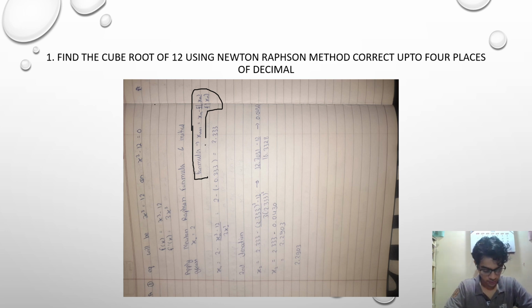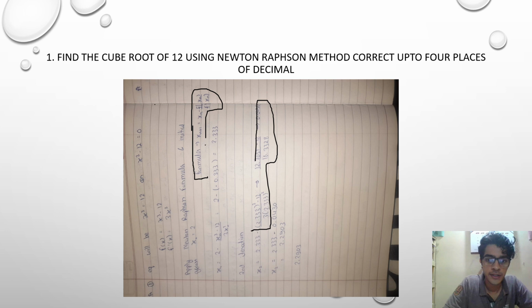Solving this part to its exact value, we get 0.0430. After subtracting 0.0430 from 2.3333, we get 2.2903, and this is the cube root of 12 by the Newton-Raphson method up to 4 places of decimal.